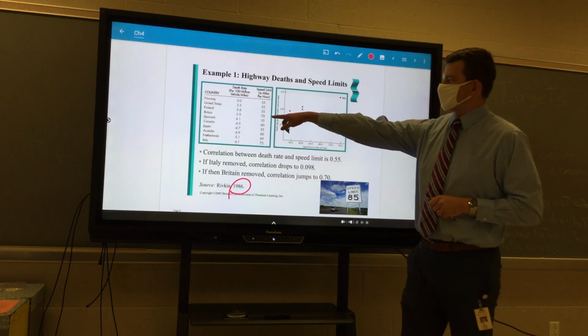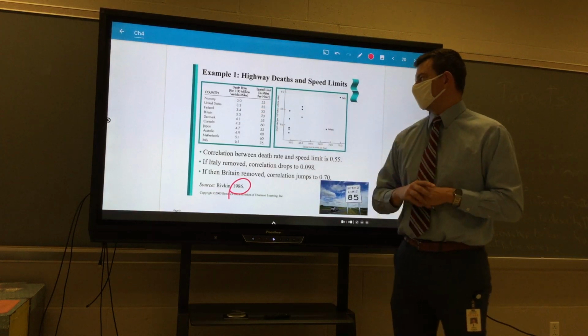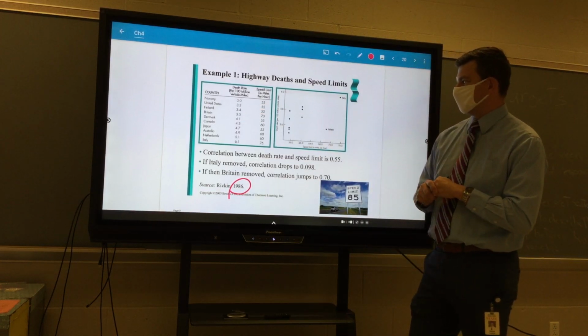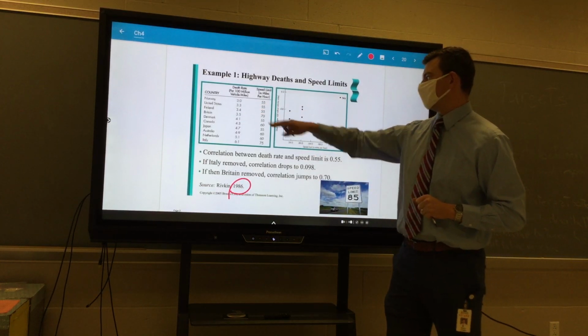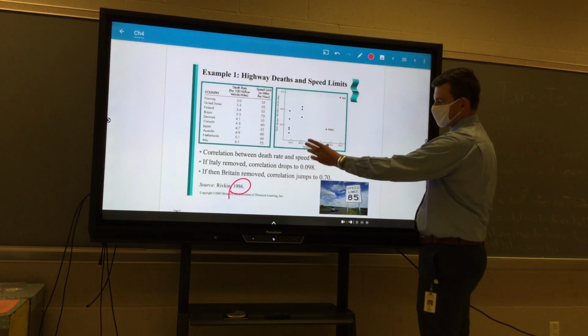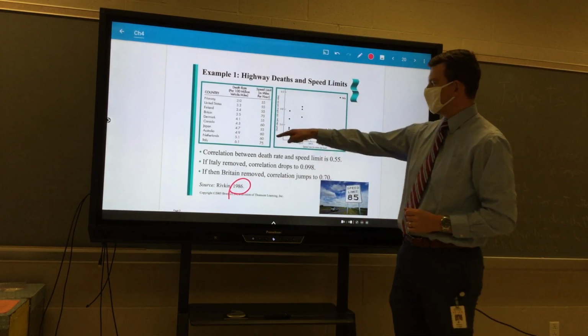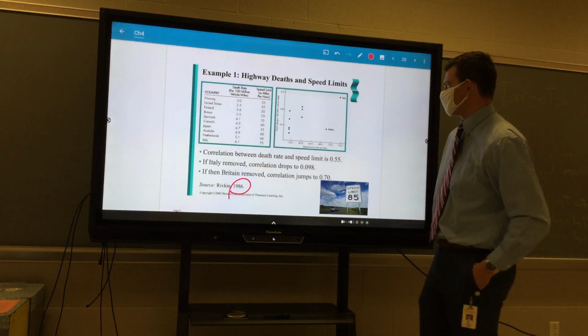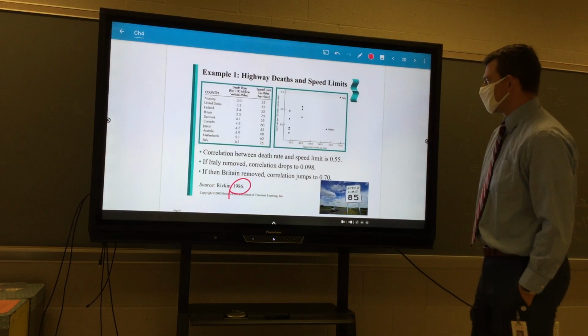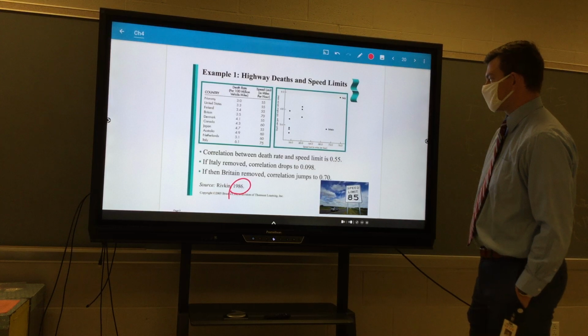But the United States had a highway death rate of 3.3 deaths for every 100 million vehicle miles with a 55 mile an hour speed limit. So the speed limit is the explanatory variable, the death rate is the response variable. And you can see we've got a lot of variability in this data set here.